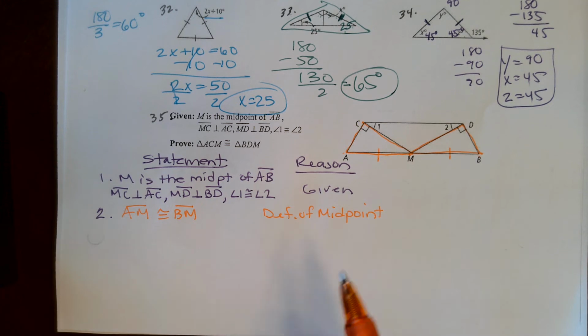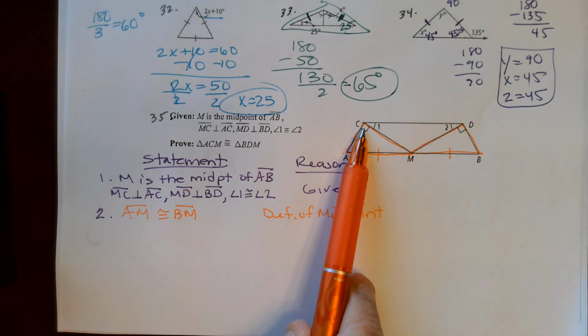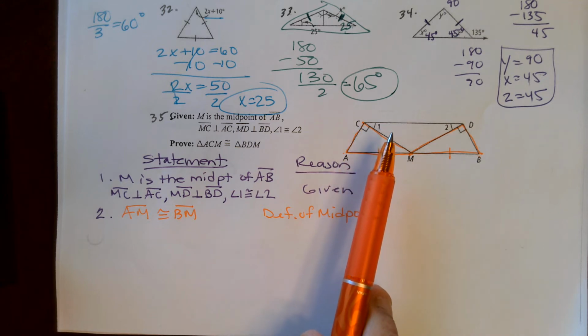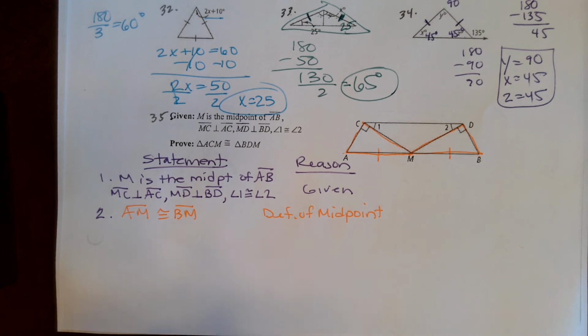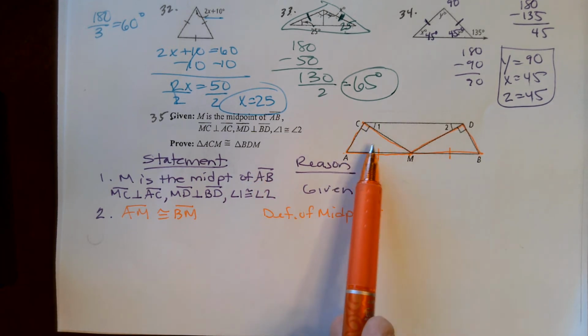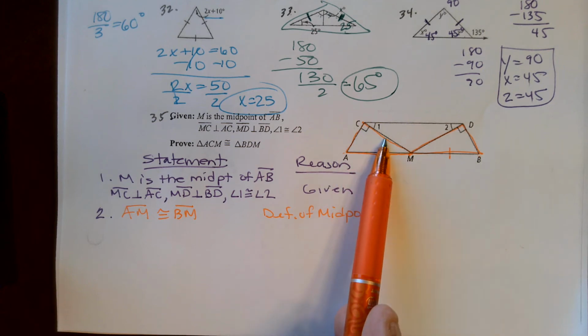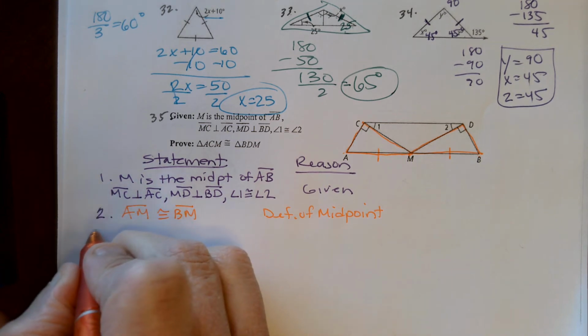Okay, so we're getting somewhere because I can see that I have a right triangle, although I haven't said I have right angles yet. I have to do that because in order to use the HL theorem, which is where I'm heading, you need two right triangles, and I haven't stated I have right angles yet. So I have to go do that.